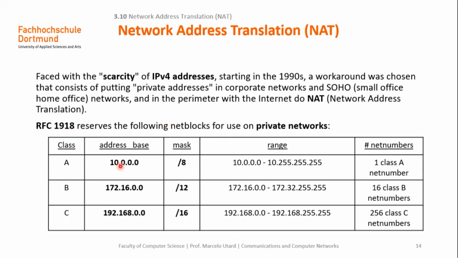One net block is a class A net block that uses the net number 10. That is, the net block is identified with the address base 10.0.0.0/8 bits of net mask.